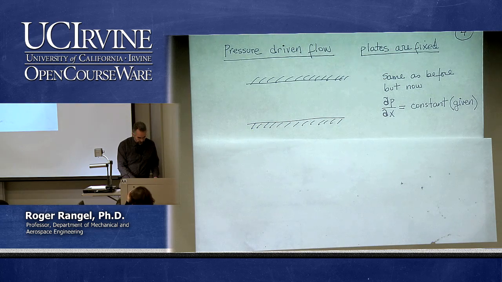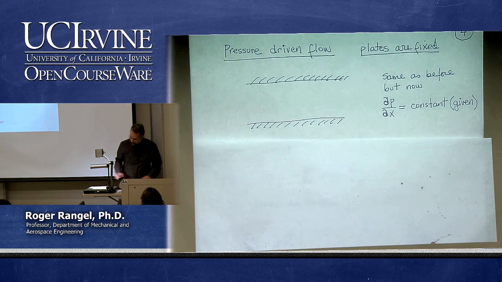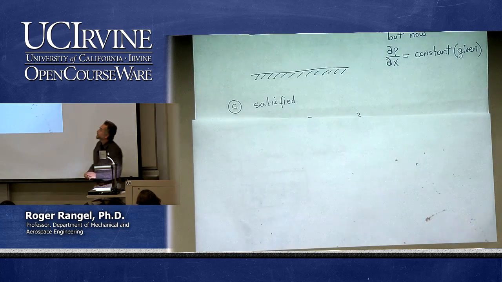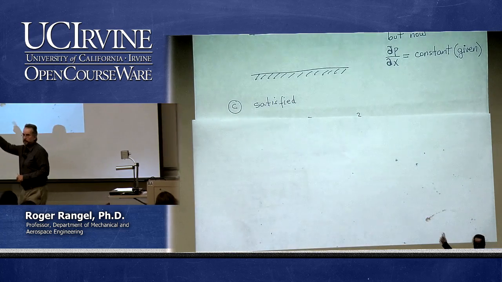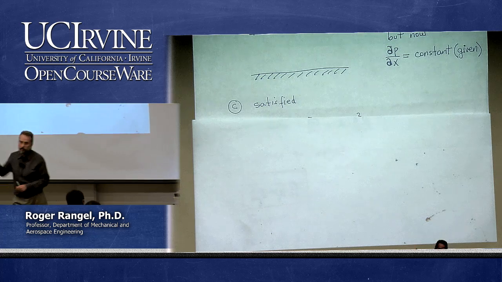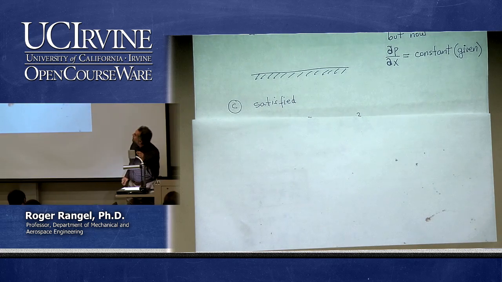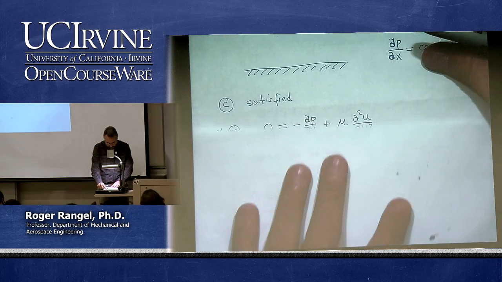So what changes in the problem if I do that? Again, this doesn't change the conservation of mass equation, so I'm repeating that result from before. The continuity equation is satisfied. What about the momentum equation?